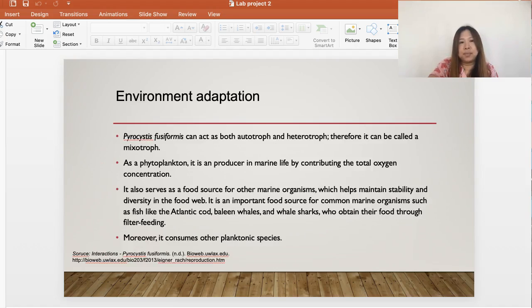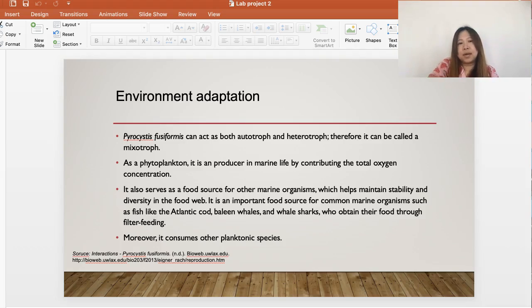The environmental adaptations. Virusidae fusiforme can be both autotroph and heterotroph. Therefore, it can be called a mixotroph. As a phytoplankton, it is a producer in marine life, and it also contributes oxygen to the oxygen concentration in the atmosphere.